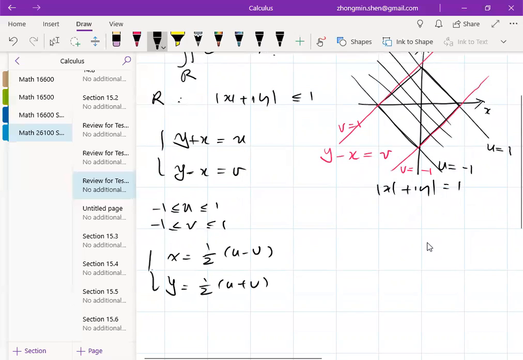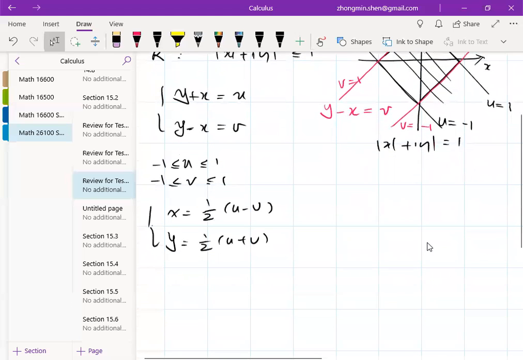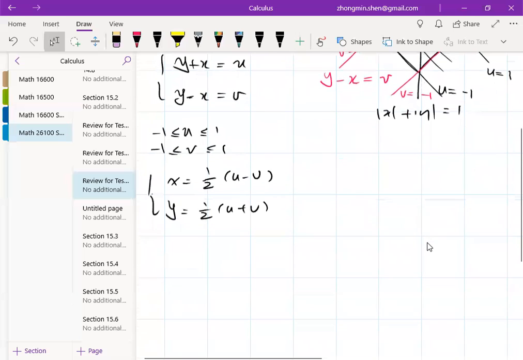All right, so now this map sends the square to that parallelogram. Actually, that is also a square, but in a different position. Okay. So now, next step, you have to write down this R bar, in the uv plane.